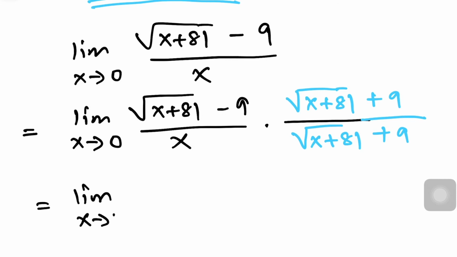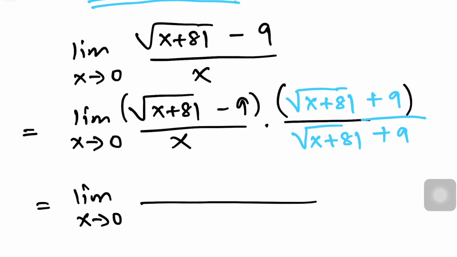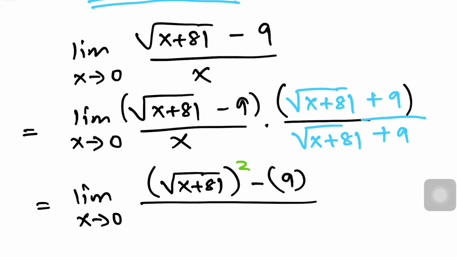Okay, now what should we do? Now we are going to multiply the top. If we multiply the top, I hope you notice that they are conjugates, right? So we can apply the difference of perfect squares. So that's just going to be square root of x plus 81, whole squared, minus 9 squared.